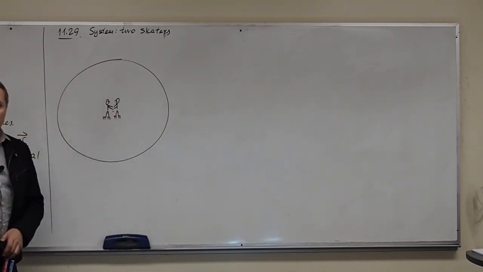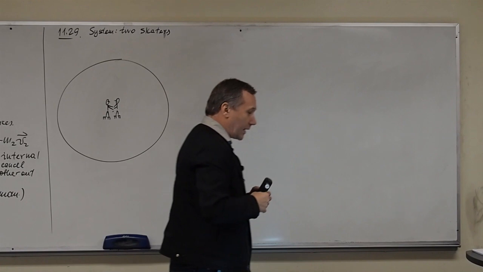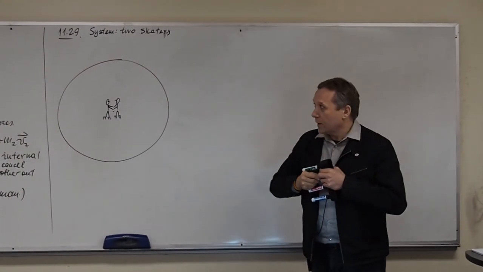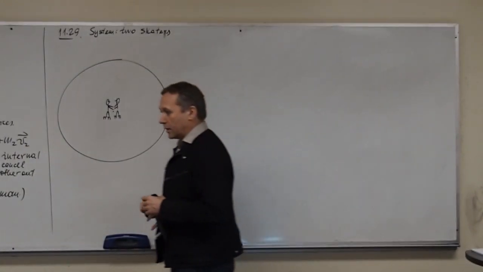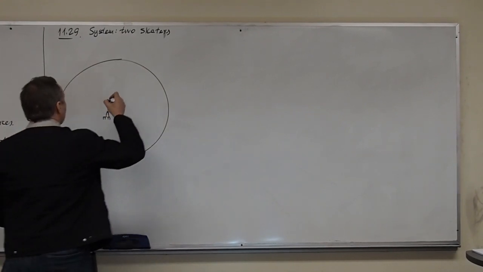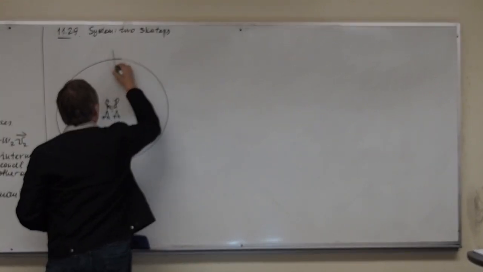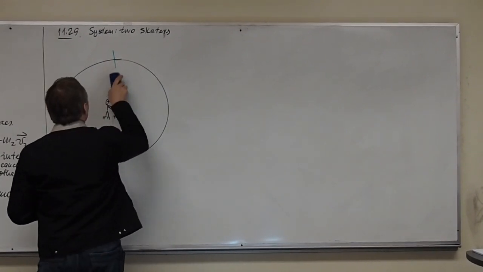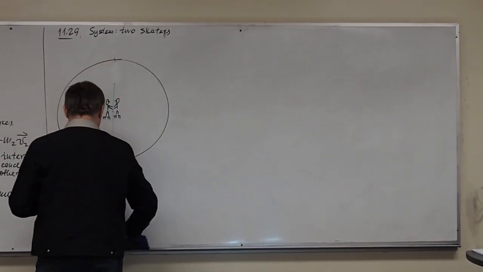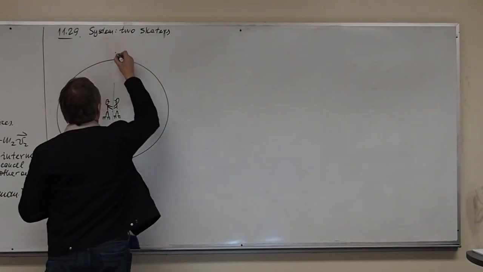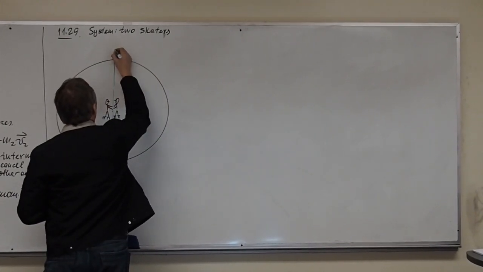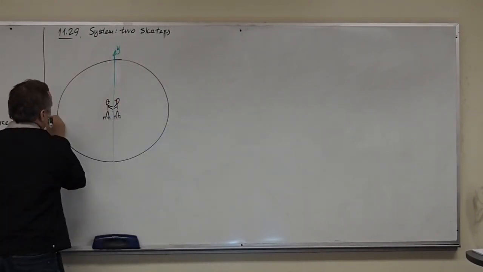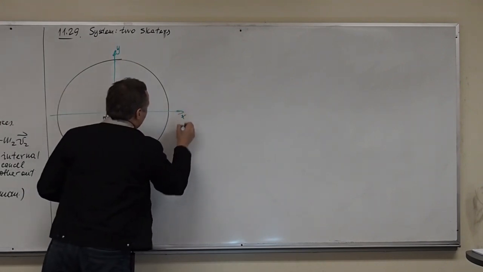Next, of course, I need to introduce a coordinate system because linear momentum is a vector. So the coordinate system is crucial. Okay, let me redraw it. This is my y direction, this is my x direction.